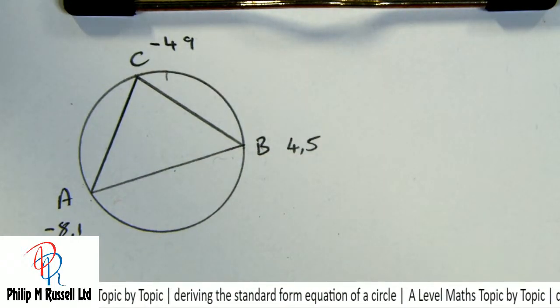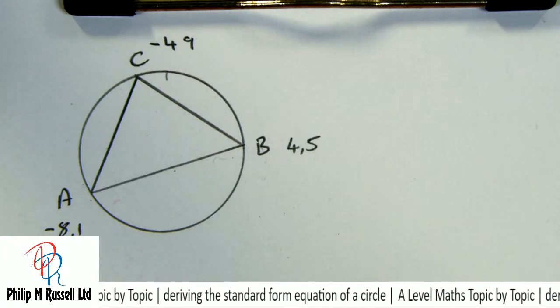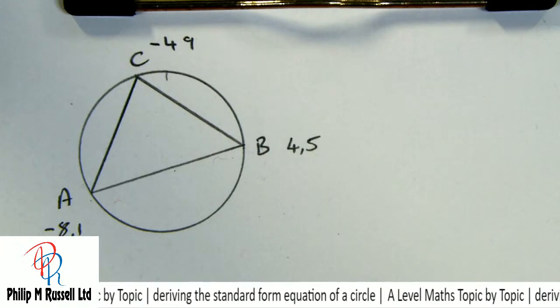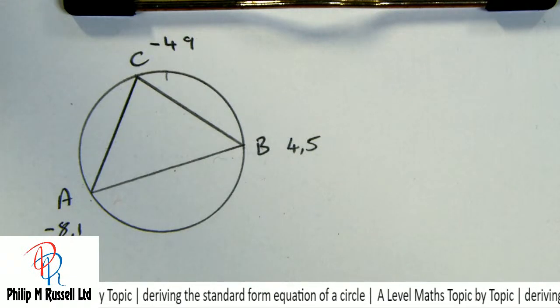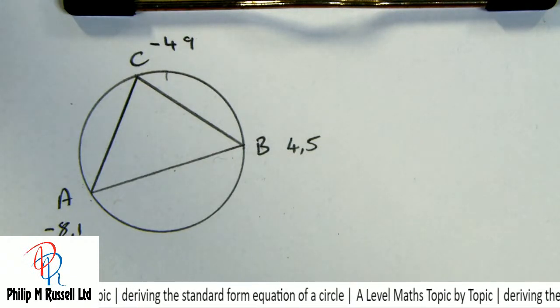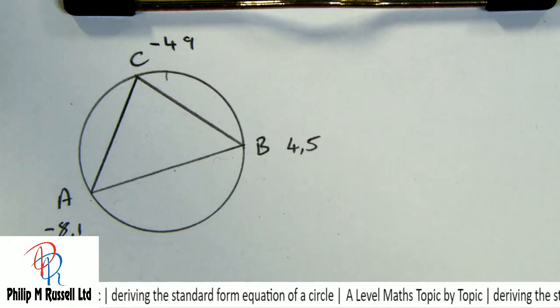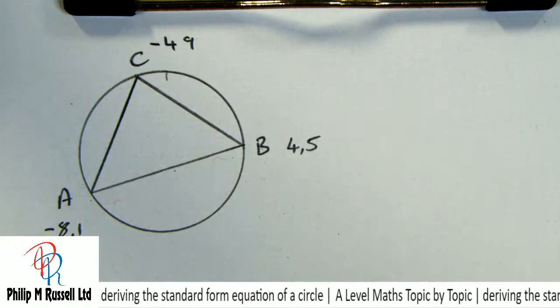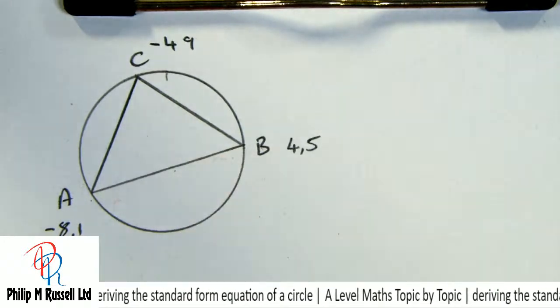You can see obviously from me drawing it out it's not, but that's my lousy diagram. So what sort of things could we do to try and show that this is a diameter?